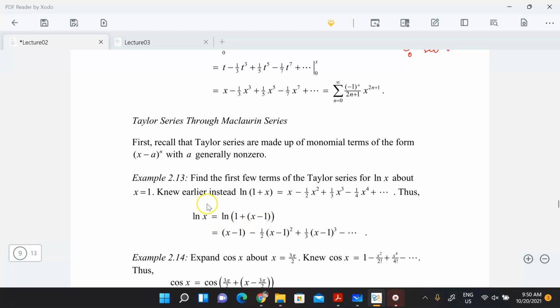So in order for me to get an x, this will have to be x minus 1. But I know what is log 1 plus something, so I can just expand using that. Just replace your something there, and then I will get log x expanded about x equals 1.